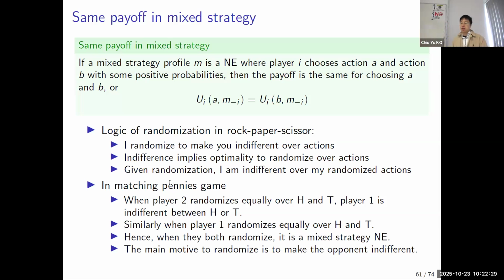Of course, randomization can mean that there is some other random factor in the environment that makes things look randomized, but that can be considered a shortcut. Randomization can be considered a reduced form of the modeling. If you want to model in bigger detail, then probably it's not randomization.